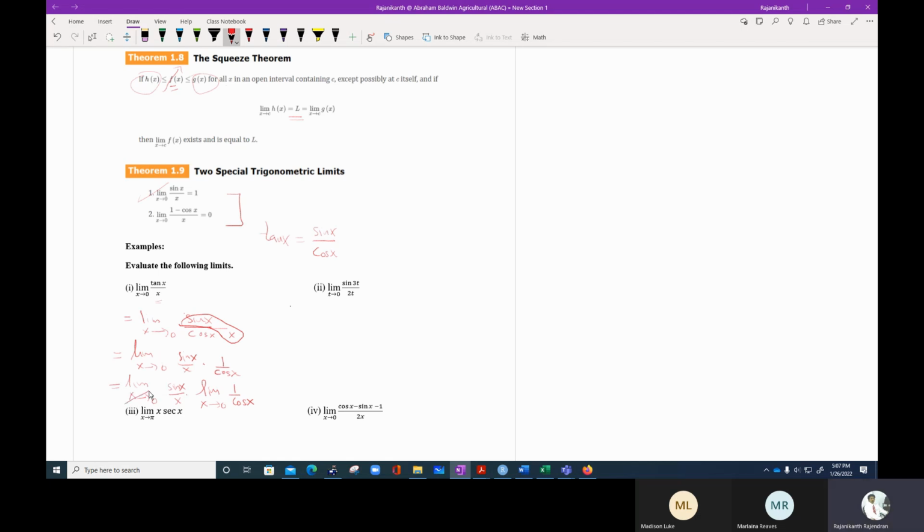So it's all going to be 1 then. When x goes to 0, you will get 1 over cosine 0, right? So this is going to be 1 times 1 over cosine 0. Remember, cosine 0 is 1, therefore the answer is 1. Okay, cosine 0 is 1. That is there. So you have to think about the second and the third one.